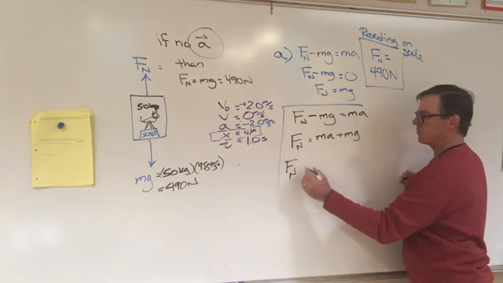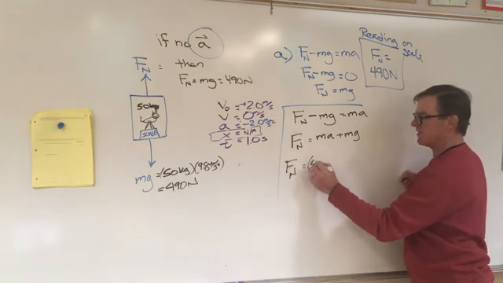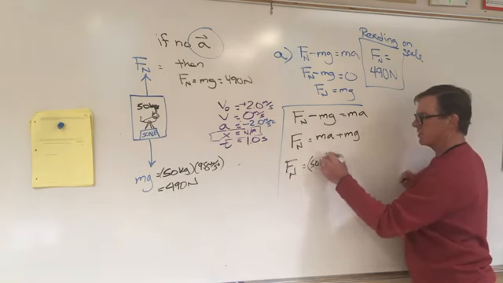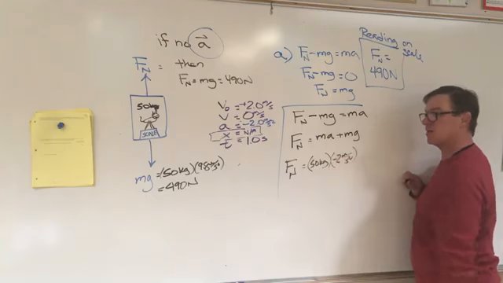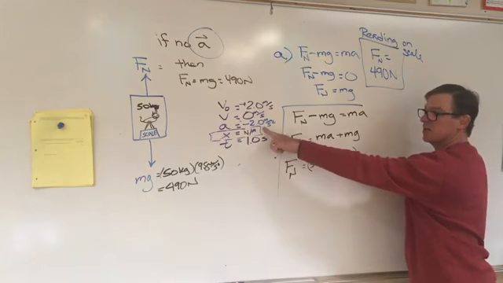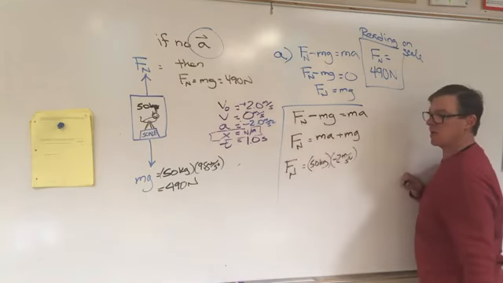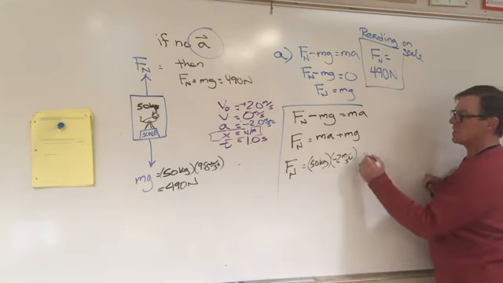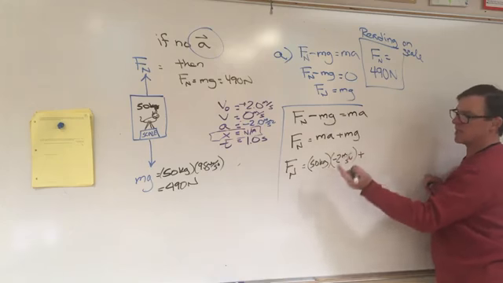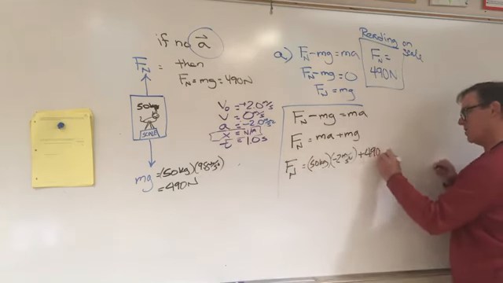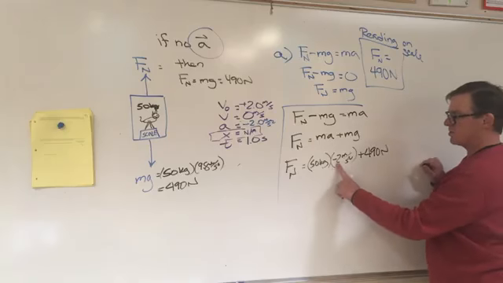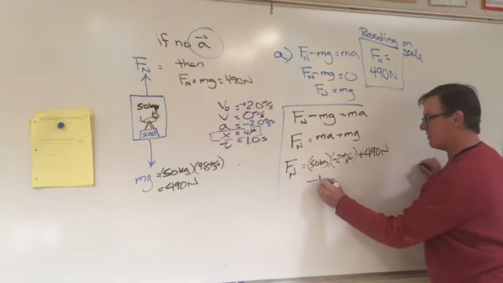Fn is equal to 50 times -2 meters per second squared, because that's the acceleration we calculated using our kinematics formula in equation number 1, plus mg. And I could calculate it again, but we know it's 490 newtons. -2 times 50 is -100.